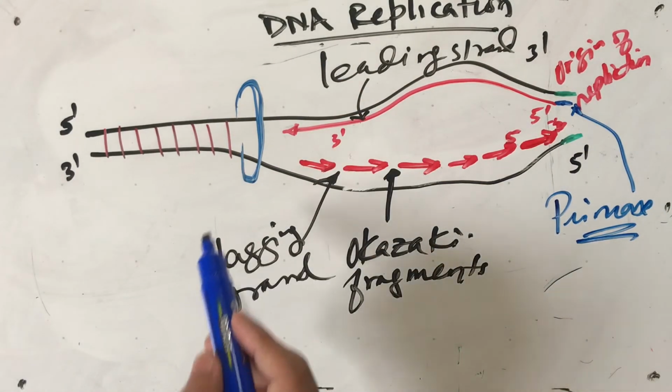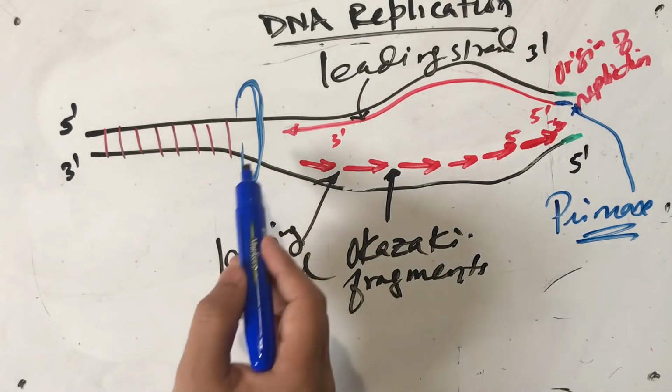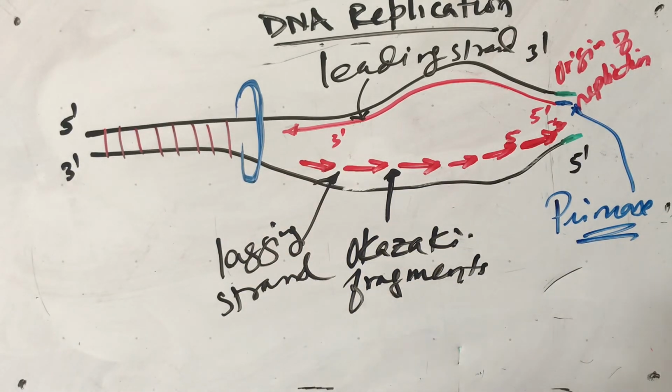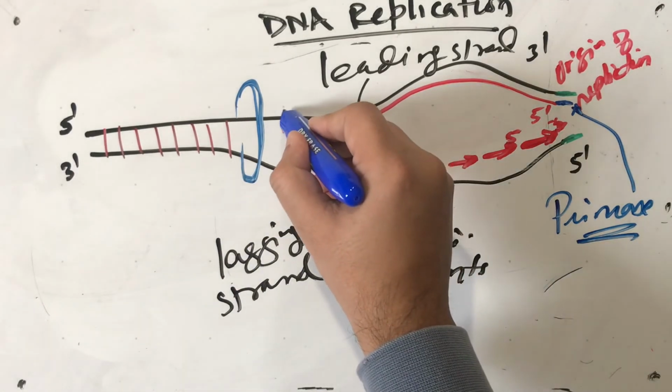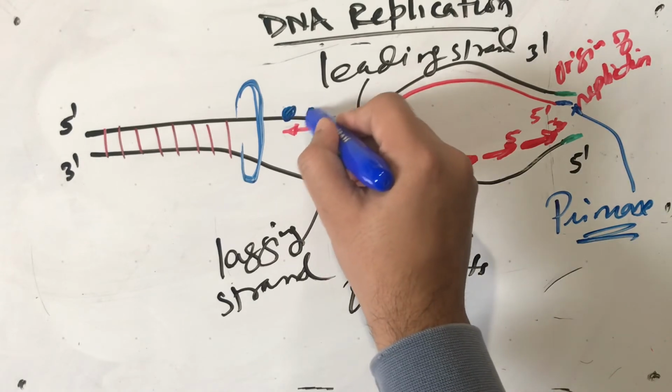It unwinds this double helix, basically breaks down the hydrogen bonds, so that the two strands are separated, so that the replication process can happen. Once this helicase separates the strand, we have special proteins called single-stranded binding proteins. So they are right here.